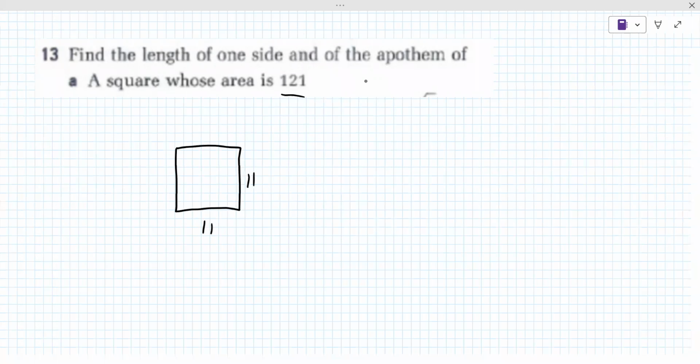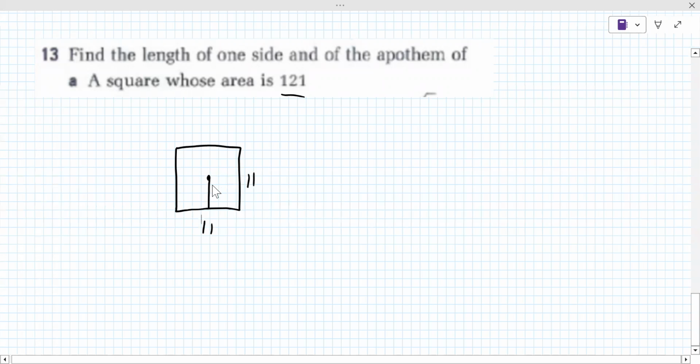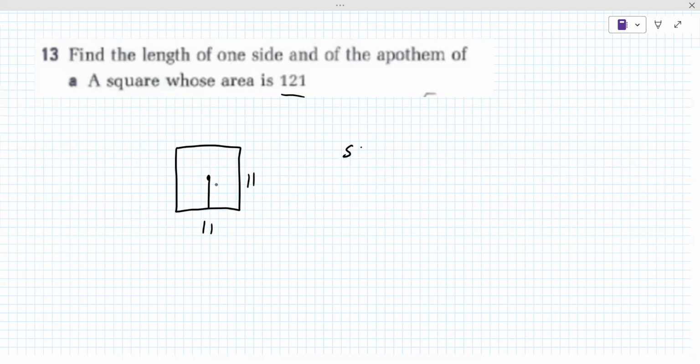All right. So now the apothem is this distance right here. It's from the center out to the edge. You don't have to overcomplicate it. It's just half the side length in this case. So the apothem would be half of 11, which is 5.5.